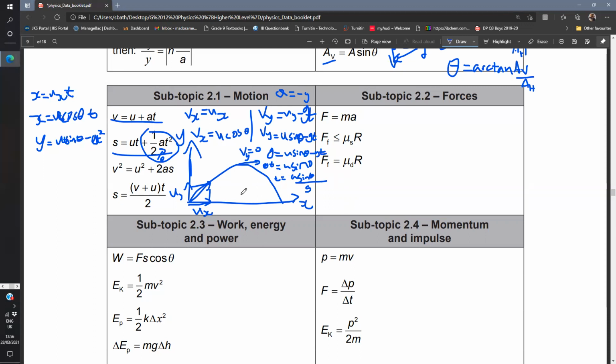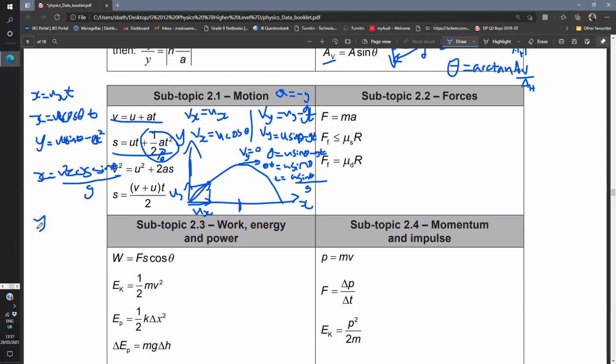And then what if we want to find the x displacement? Well, we just substitute that here, and we can also substitute it here to find the vertical displacement. So first of all, let's do it for the first one. x is equal to u squared cosine theta sine theta over g.